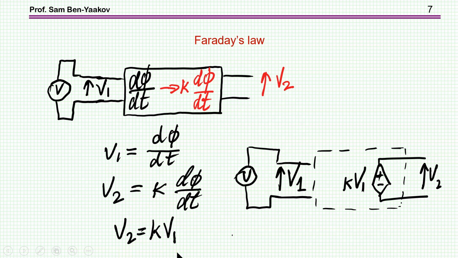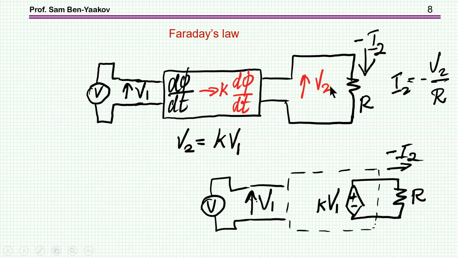This is Faraday's law. So this implies that I can put here now a dependent source. The dependency is on V1, it's k times V1. K is the amount of flux picked up by V2, the output terminal. Could be smaller or larger than 1. Now I'm going to put a load, a resistor.